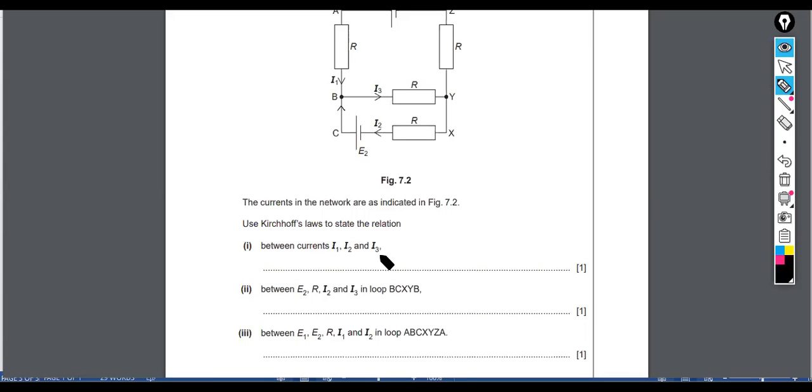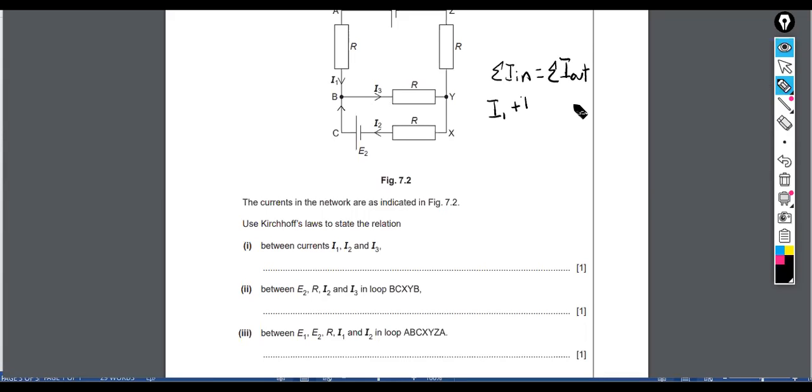So think about Kirchhoff's first law that says the sum of the currents entering a point, in this case point B, which is the one we're focusing on, is equal to the sum of the currents coming out of that same point. So the currents going into B are I1 and I2.